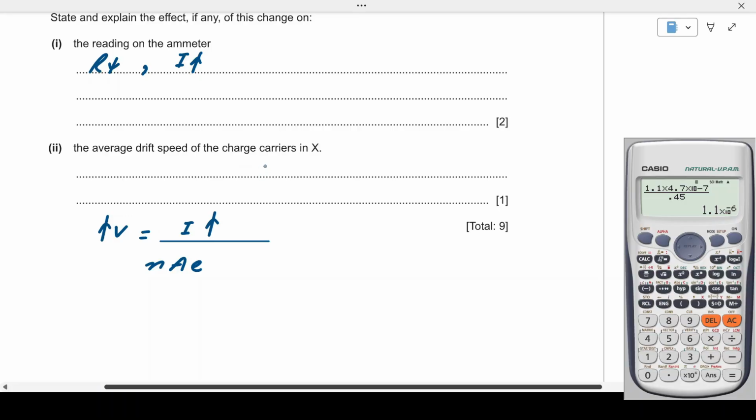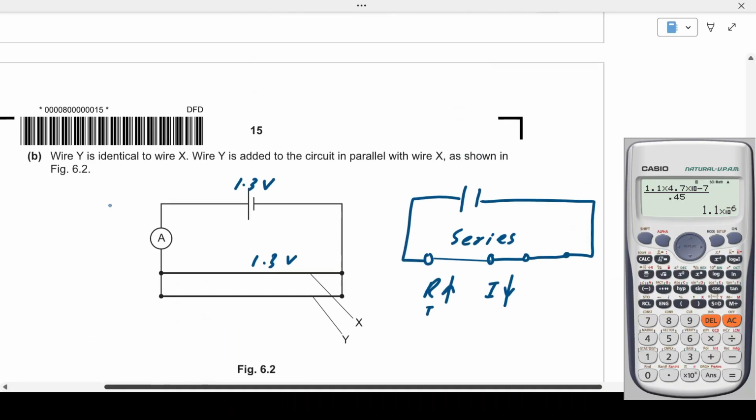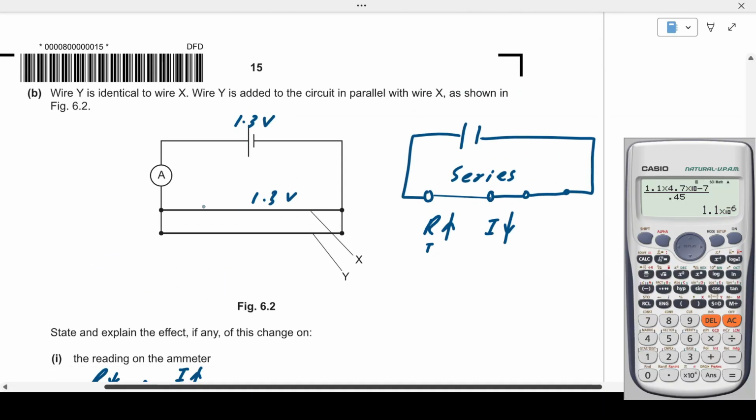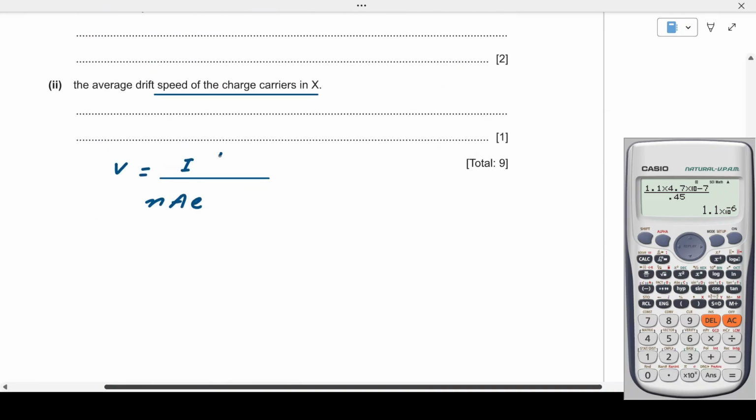It says average speed of the charge carrier in X. So what happens to the current in X? Current in the first wire will be same as the previous one. So current is same. The drift speed, the small v, would also be same. So I in X is same. So drift speed v at X is same.